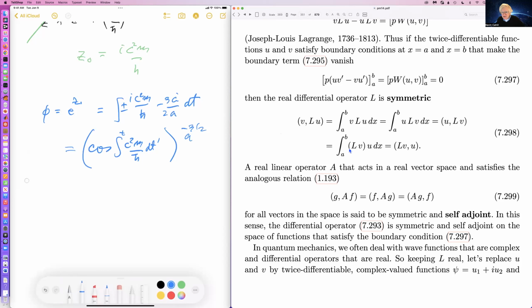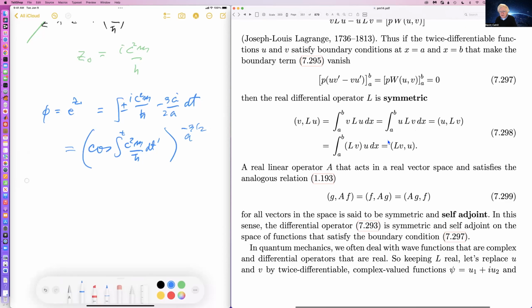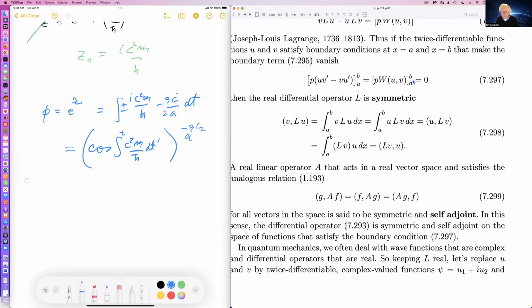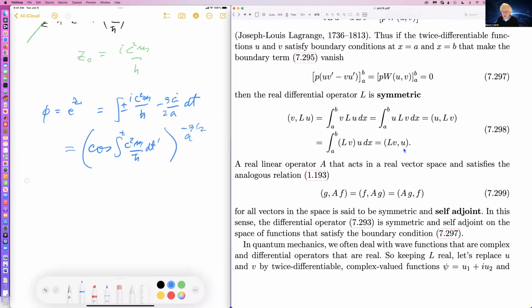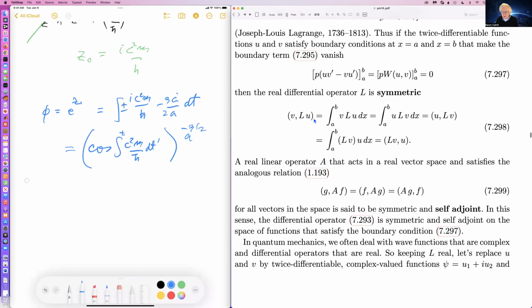And then what happens is that L, a formally self-adjoint operator on a system of equations that are suitably differentiable and satisfy the boundary conditions that the Wronskian vanishes when multiplied by P, then the matrix VLU is symmetric. VLU is LV on U, or is equivalently VLU, and it's also ULV.